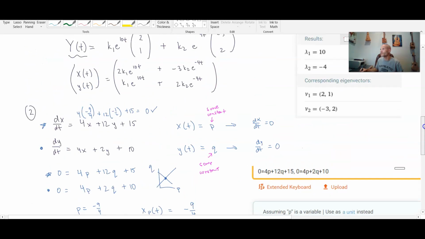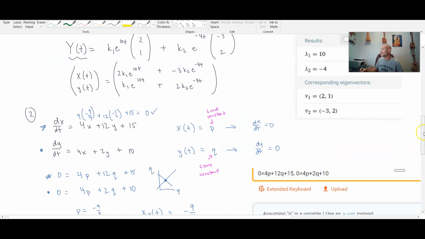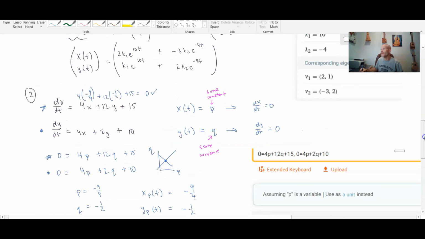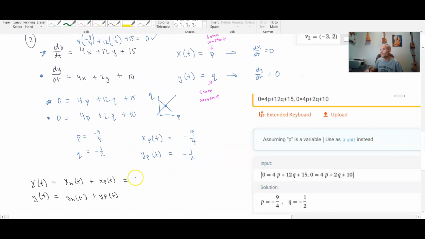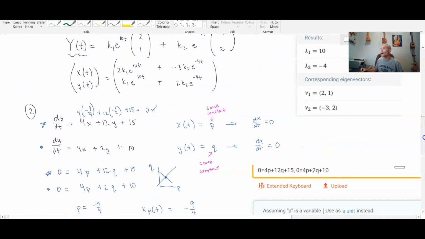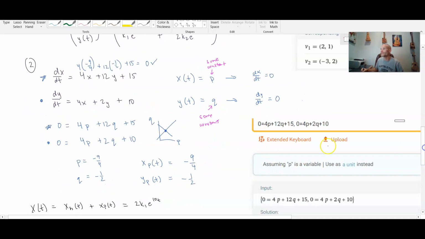X homogeneous was 2k1 e to the 10t minus 3k2 e to the negative 4t. So 2k1 e to the 10t minus 3k2 e to the negative 4t, and then plus x particular, which is plus negative 9/4.